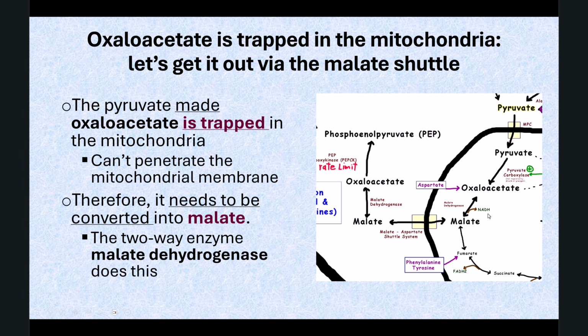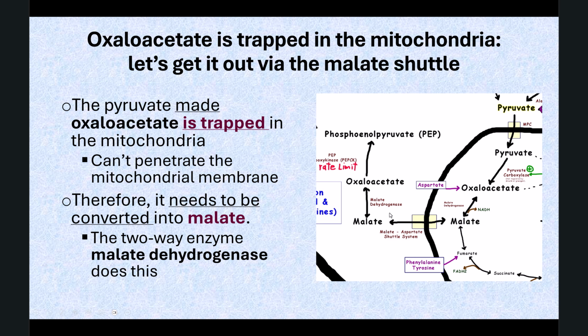So it's going to cost an NADH molecule to run it this way, but oxaloacetate can morph into malate. Malate dehydrogenase is the enzyme. And there is a malate aspartate shuttle where a malate can just be shuttled right on out of the mitochondrial membrane here, and there it is.